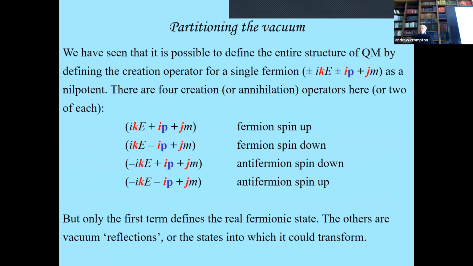So we can define the entire structure of quantum mechanics by defining the creation operator for a single fermion as a nilpotent. There are 4 creation operators, or 4 annihilation operators, or 2 of each, depending how you want to do it. But only the first defines the real state; the other 3 are vacuum reflections.